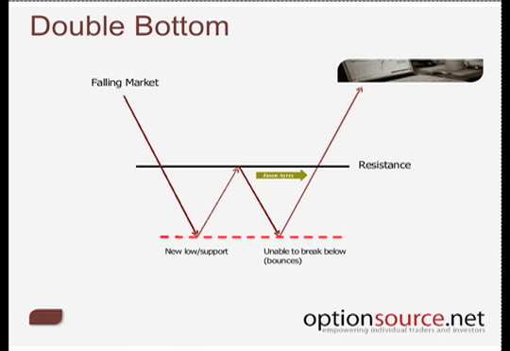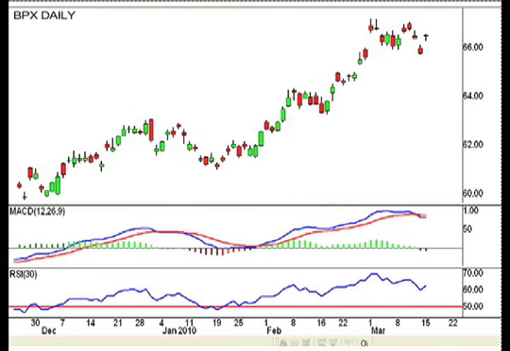So let's put this principle to work in a realistic scenario whereby we're looking at the possibility of a double top formation. Again, if we go back to this BPX, we can see that we've had a market that's been trending to the upside. We had a test of a high. If we draw a resistance level across here, you can see that we had that test come in twice.